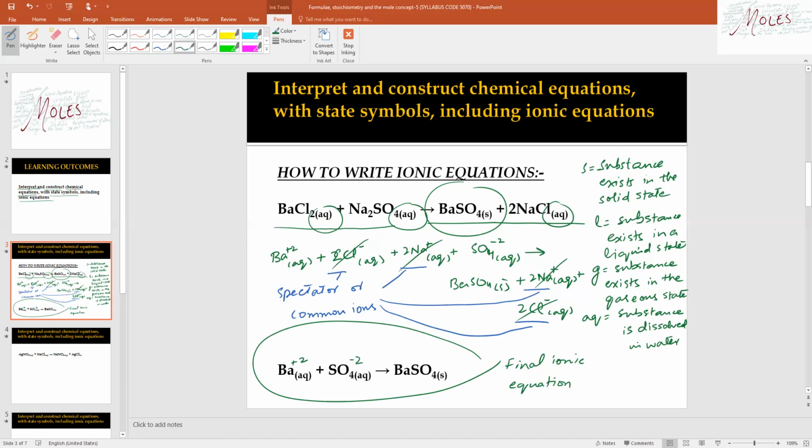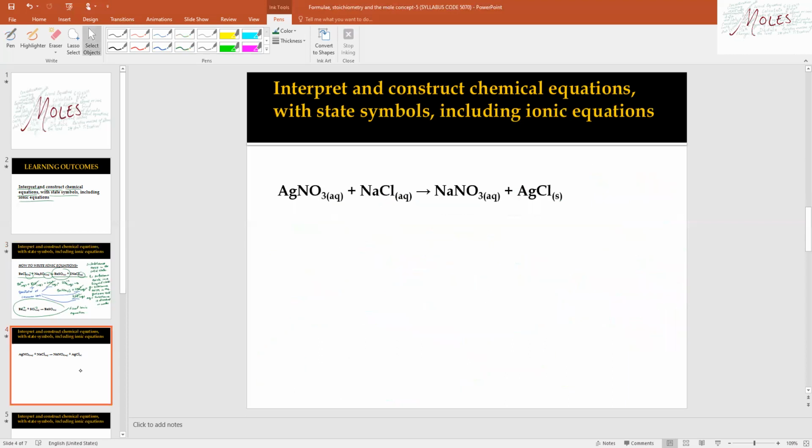Now consider the reaction equation below: AgNO3(aq) + NaCl(aq) gives NaNO3(aq) + AgCl(s). First of all, check whether it's balanced or not. It is balanced. Write the appropriate ions for the compounds with state symbol aqueous.